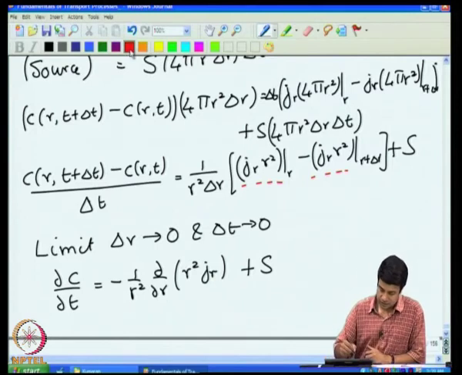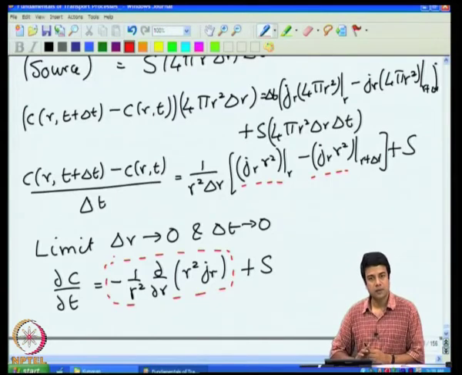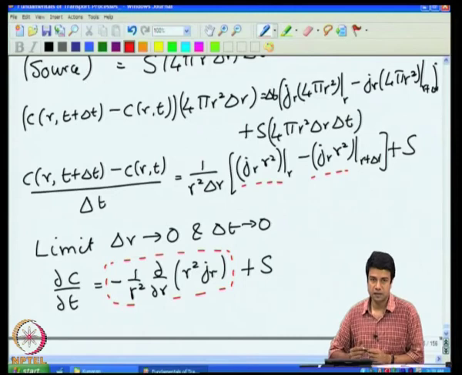Note that this term here is the diffusion term. When we did it in Cartesian coordinates, we had dJz by dz. When we did it in cylindrical coordinates, we had 1 over r d by dr of r times J r. Now, we are doing it in a spherical coordinate system.